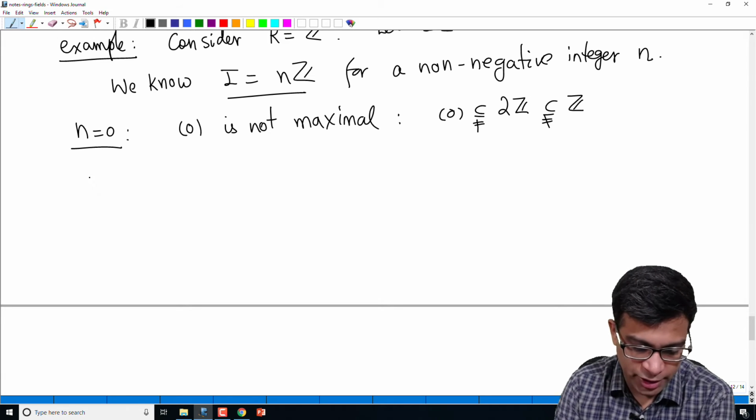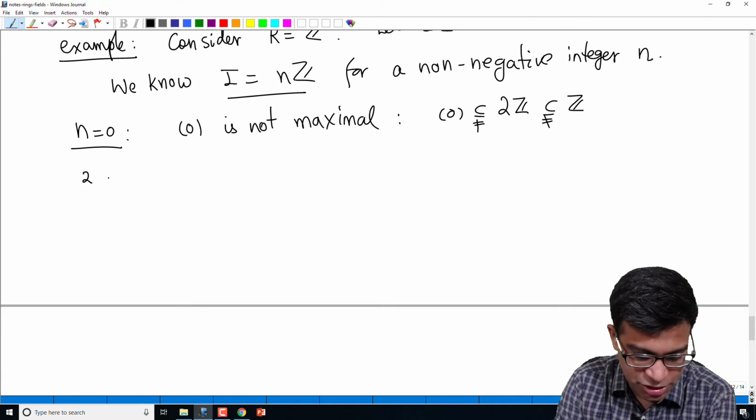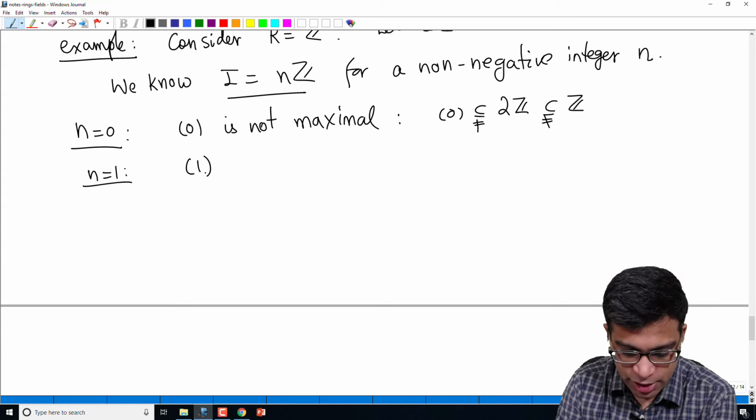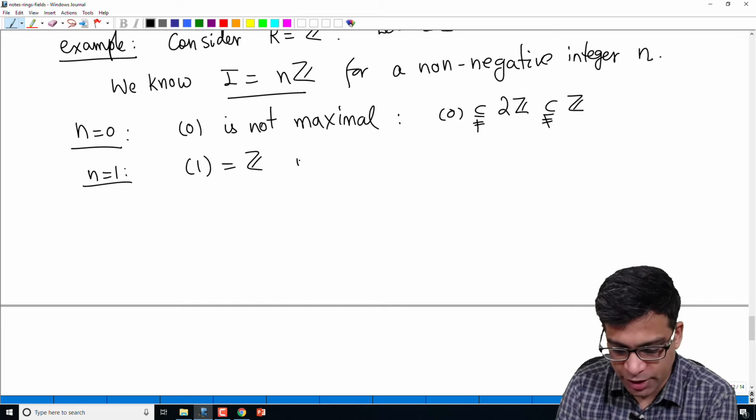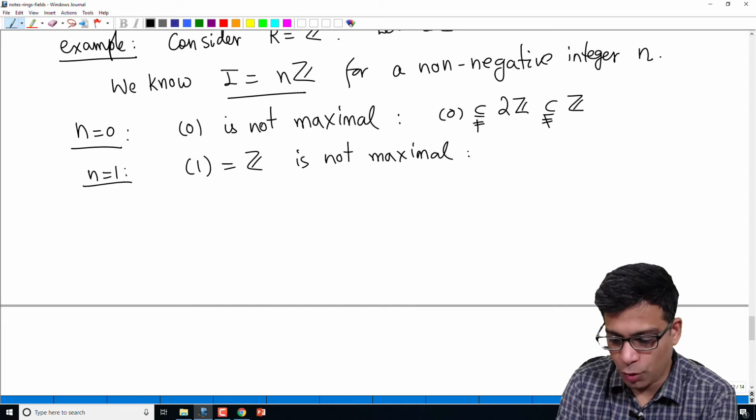Now suppose n equal to 1. Then we have the ideal generated by 1, which is Z. Of course, by definition, this is not maximal. Maximal ideals are proper ideals.